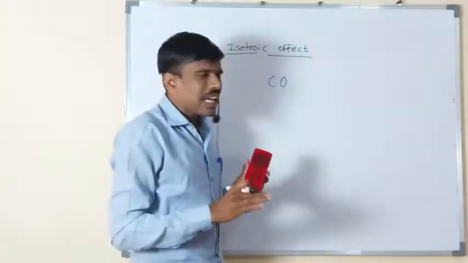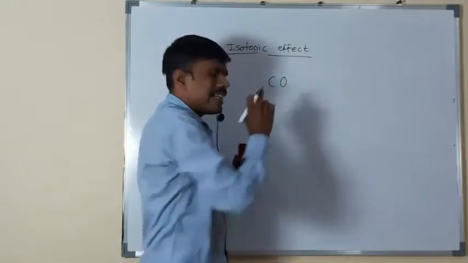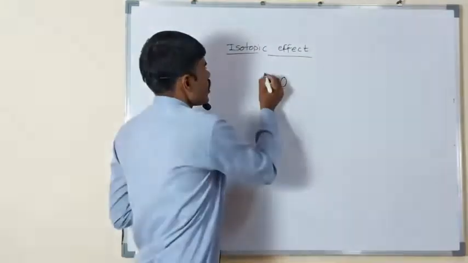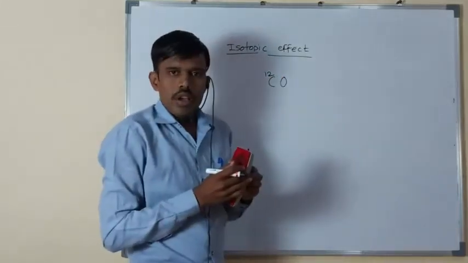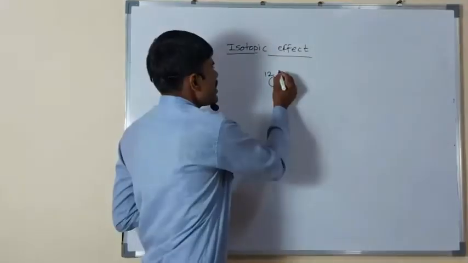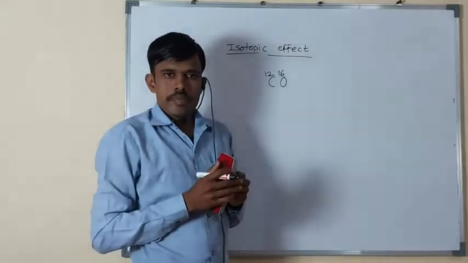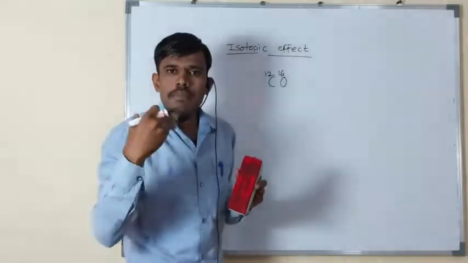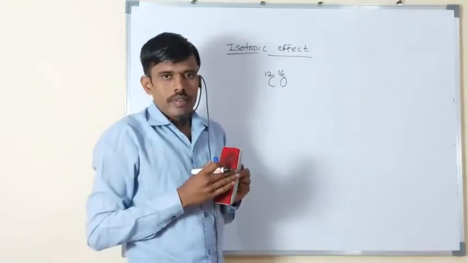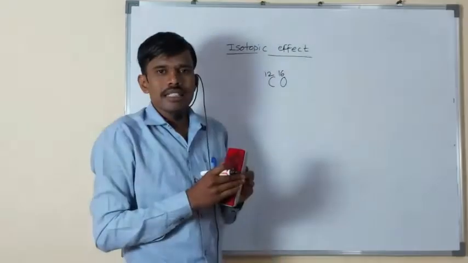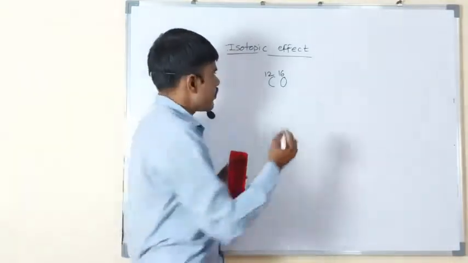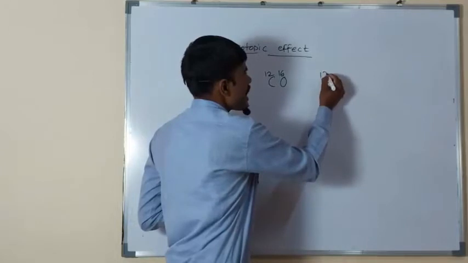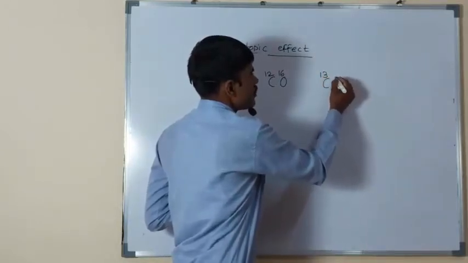In carbon monoxide, one is carbon, second is oxygen. The mass of carbon is 12 gram, whereas mass of oxygen is 16 gram. Suppose one of the atom is replaced by its isotope. Suppose isotope of carbon is C13. So instead of this, you can replace this carbon with 13.